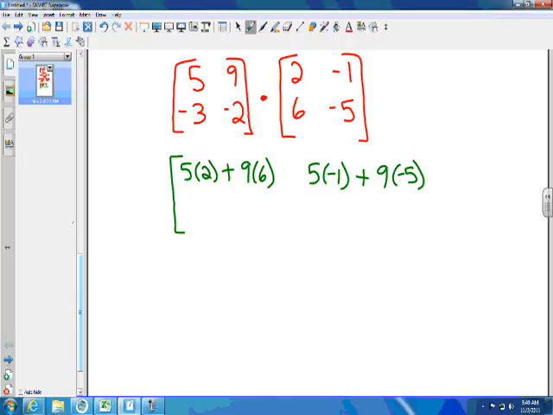So now we're done. You could really cross off the 5 and the 9 if that would help you. You're done with those. You won't use those anymore in this problem. Now we're just focusing on this second row. So we do negative 3 times 2, and then negative 2 times 6.